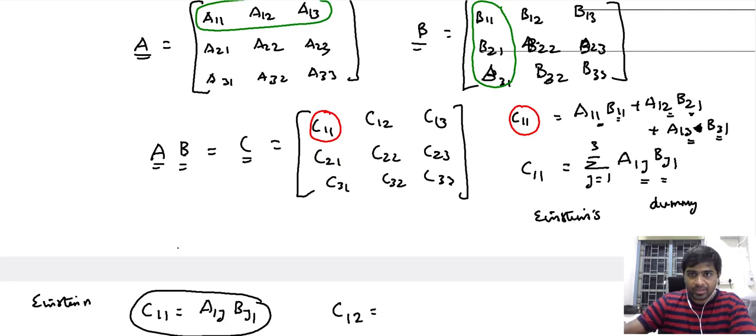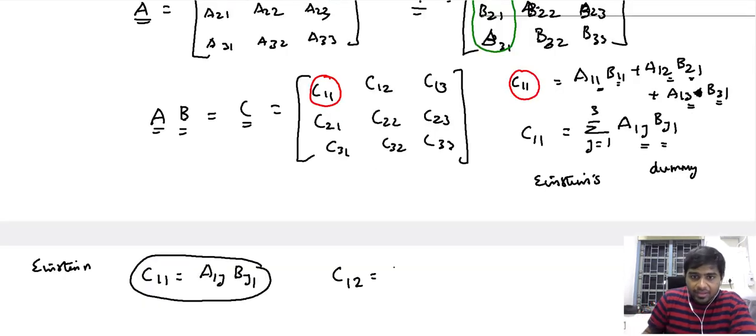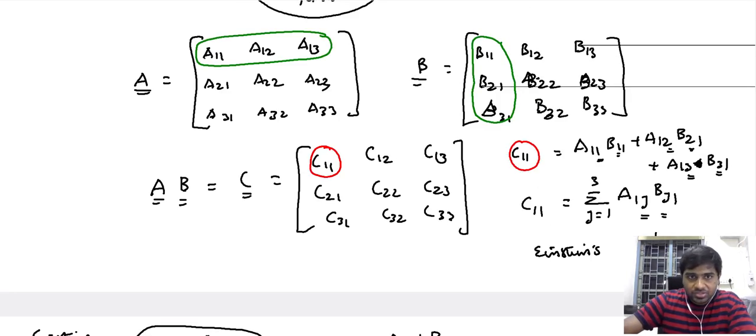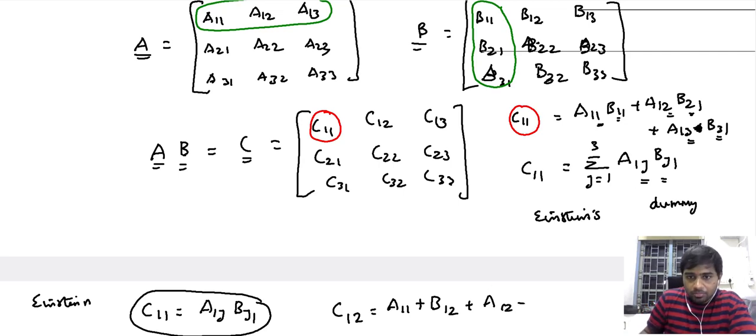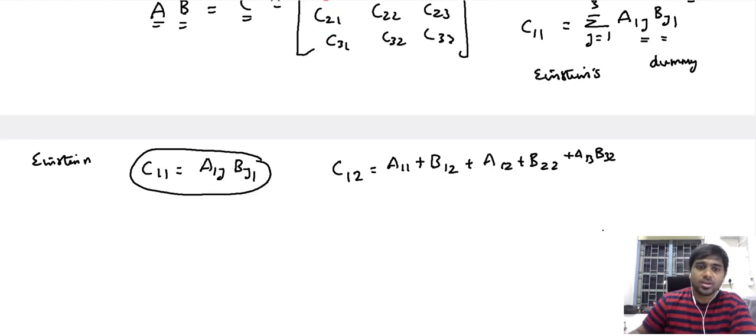C12 again can be expressed as A11 B12. It will be the product of the first element of the first row with the first element of the second column, so it will be B12. The same way, A12 B22, and the same way, A13 B32.